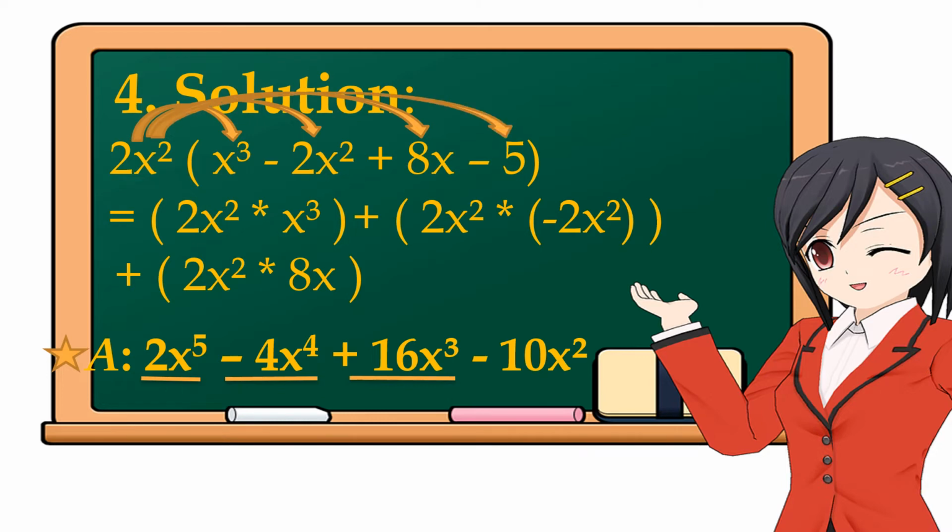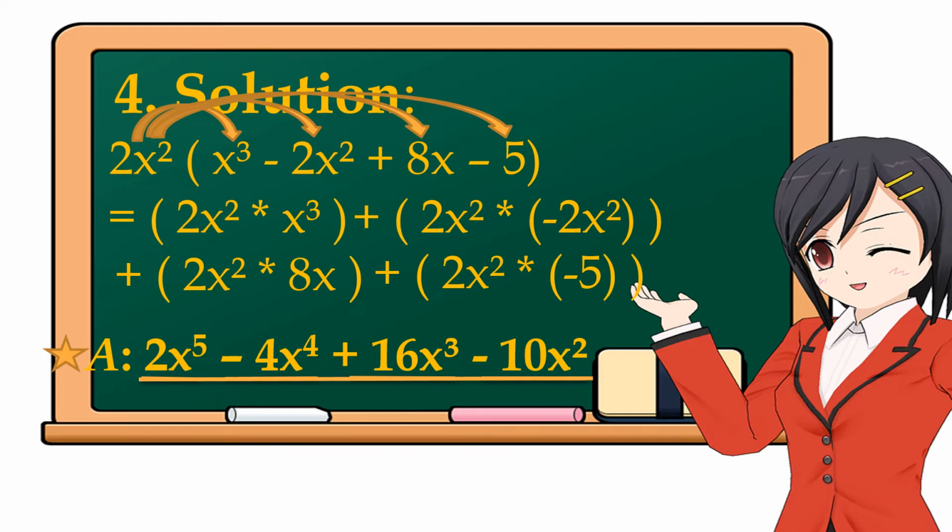And 2x squared multiplied by negative 5 will give us an answer of negative 10x squared. So the answer for number 4 is 2x raised to 5 minus 4x raised to 4 plus 16x cubed minus 10x squared.